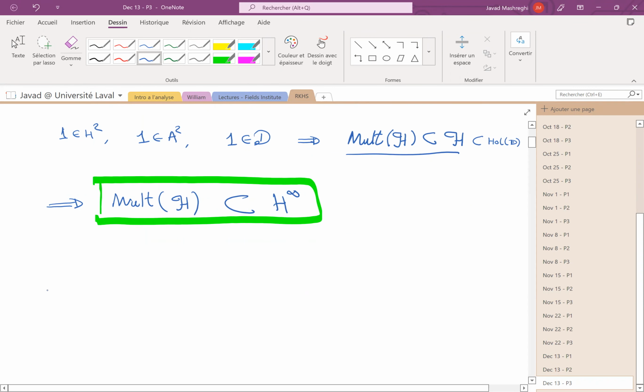If you remember, I don't know if you were in my lectures in July about Hardy spaces, I gave 4 or 5 equivalent definitions for H2. And not all of them are good here. For example, if we stay with the definition by coefficients, F is in H2 if it has the series representation with coefficients which are square summable.